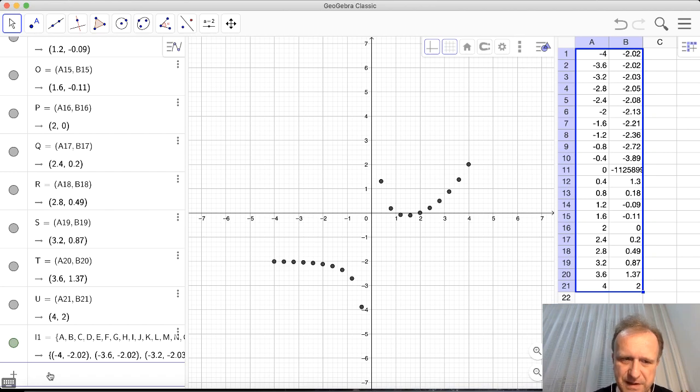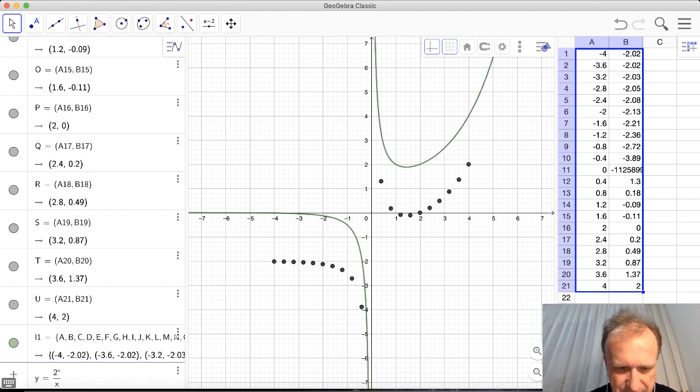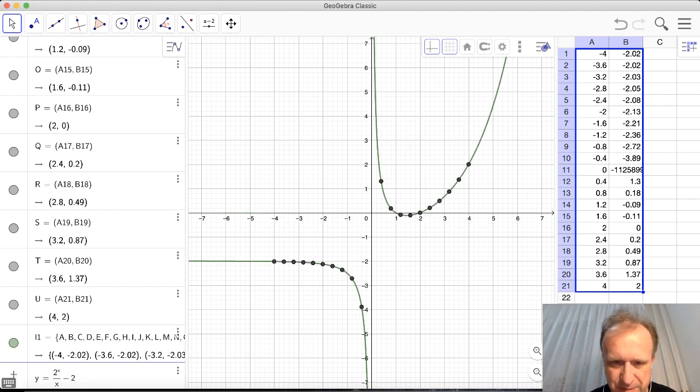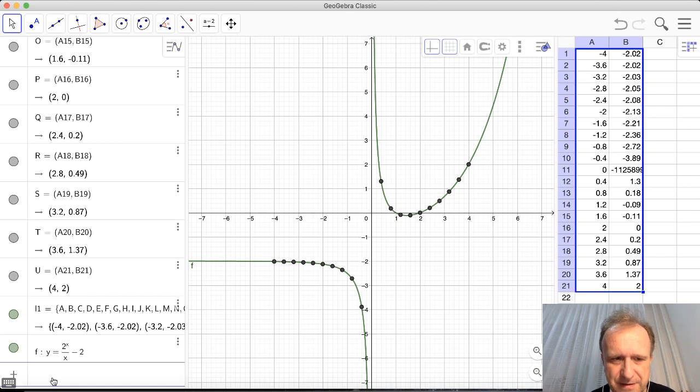Okay, so now if I tell GeoGebra to use a different way to plot the function, and the different way is just I give it the formula, so I input here y equals 2 to the power of x divided by x and I subtract number 2, you see that GeoGebra just drew the graph right away.